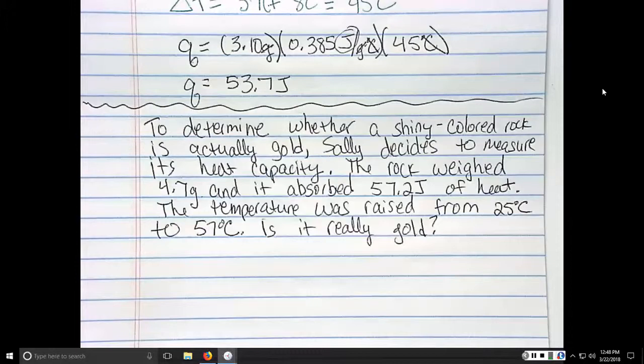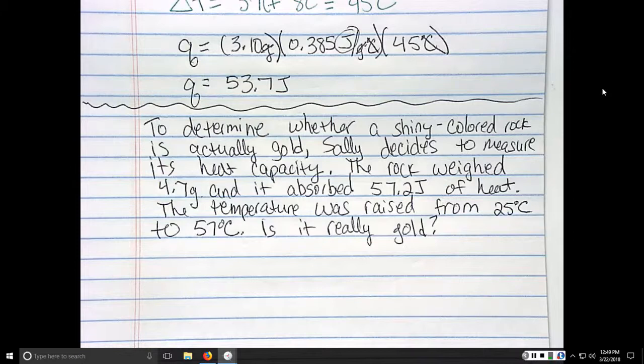Okay. So this is what another test question might look like. You first and foremost know that this is a heat capacity problem.